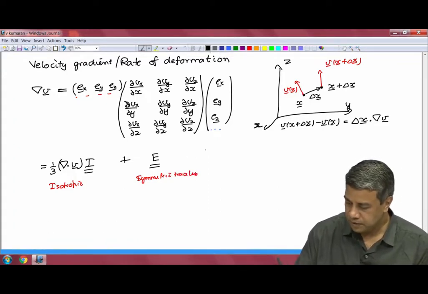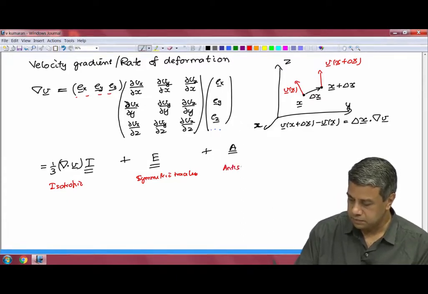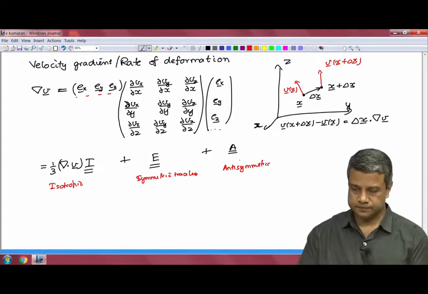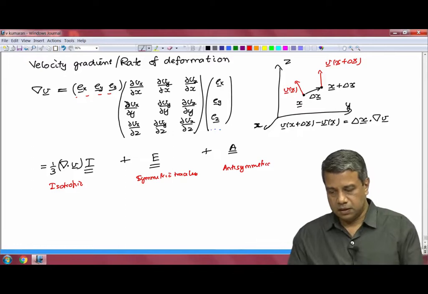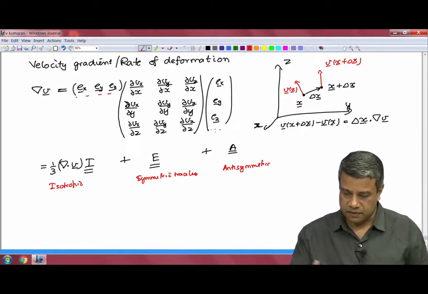Plus a third part which is antisymmetric. And each of these 3 represents specific forms of deformation.